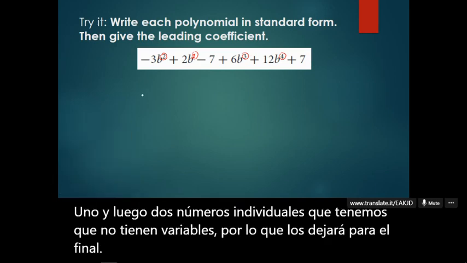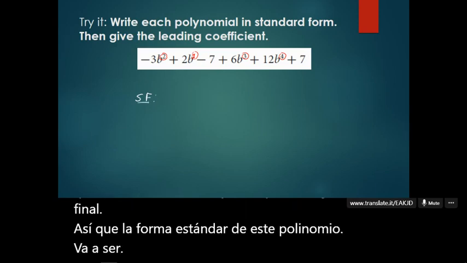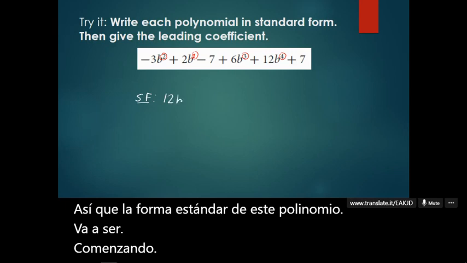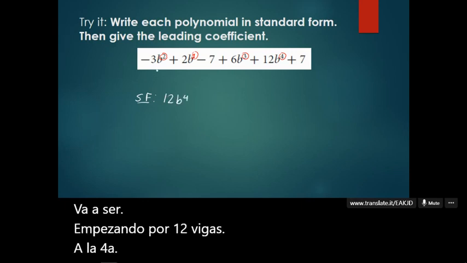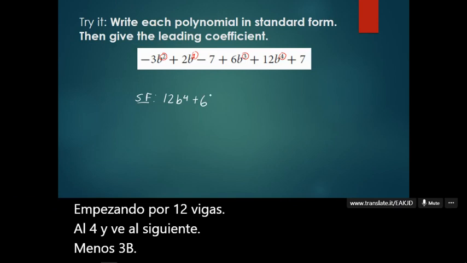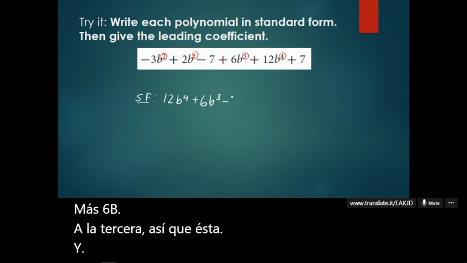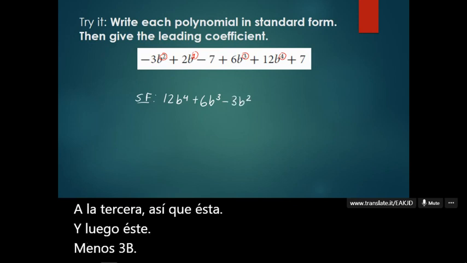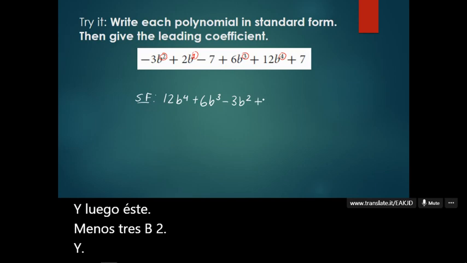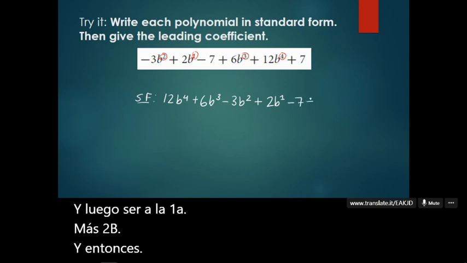The standard form of this polynomial is going to start with 12b to the fourth, and going to the next one, plus 6b to the third, then minus 3b squared, and then b to the first, plus 2b, and then minus 7 and plus 7.